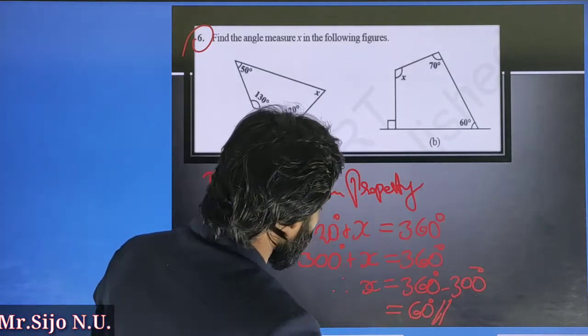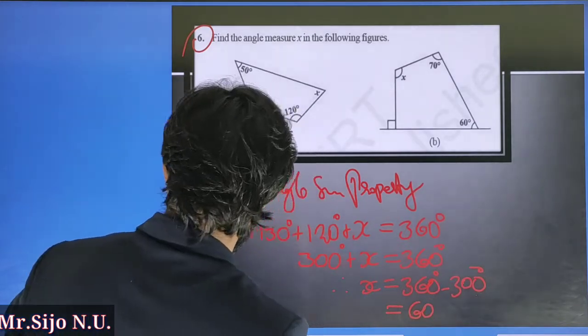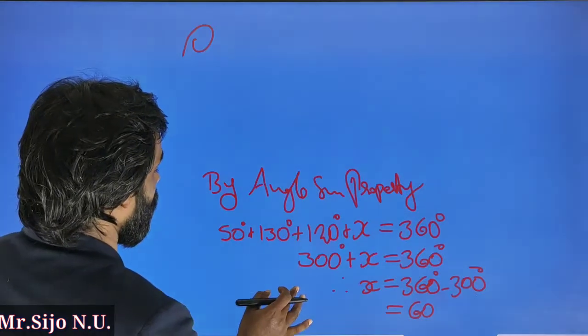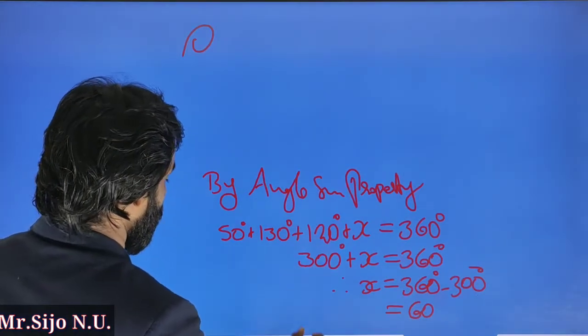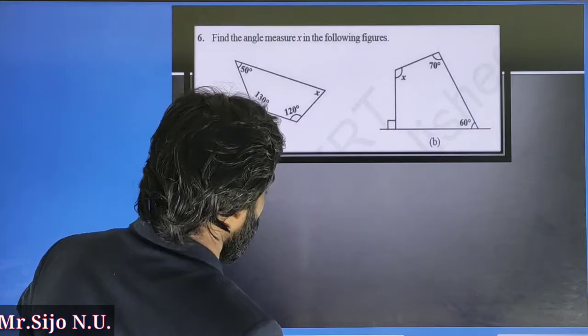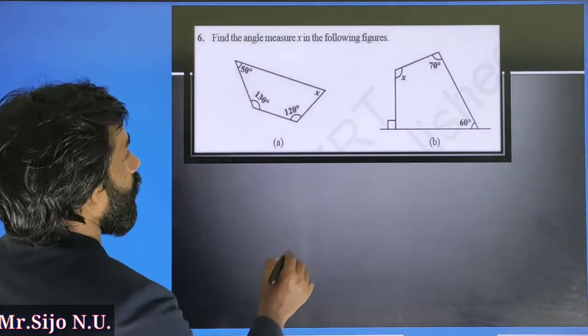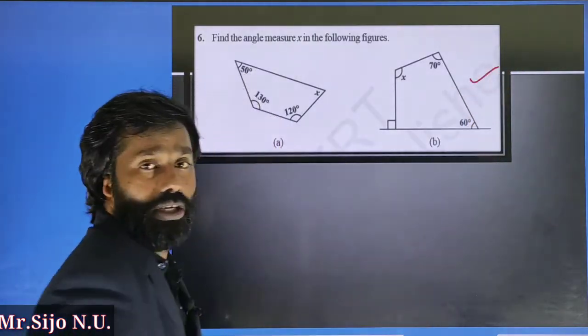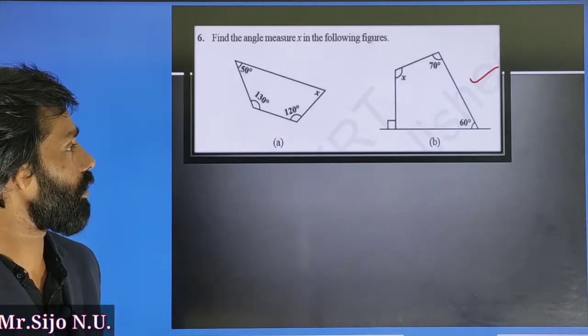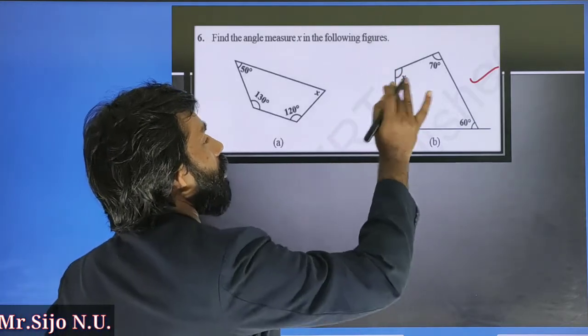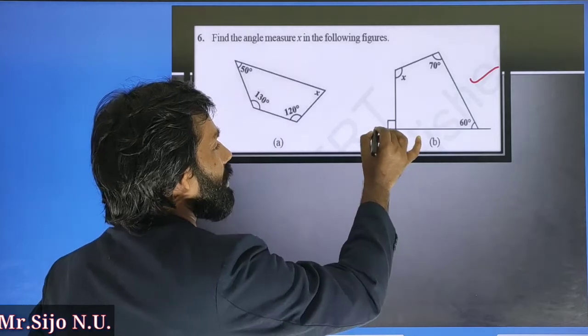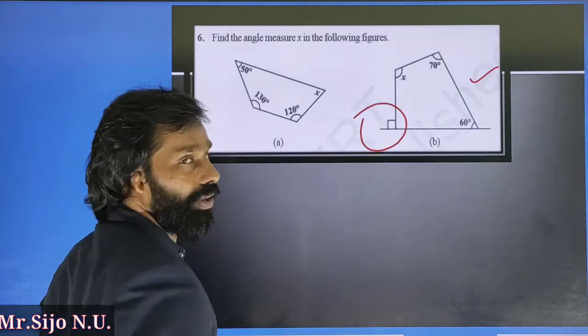That is the answer. Now consider the second one, the B question. Here x is not given, the rest of the angles are given, but here an exterior angle is given. We know the linear pair.